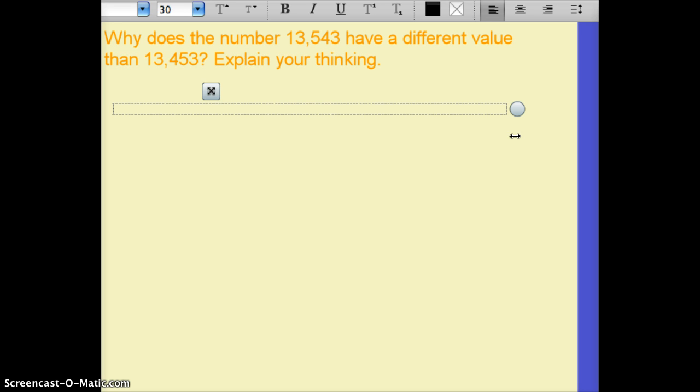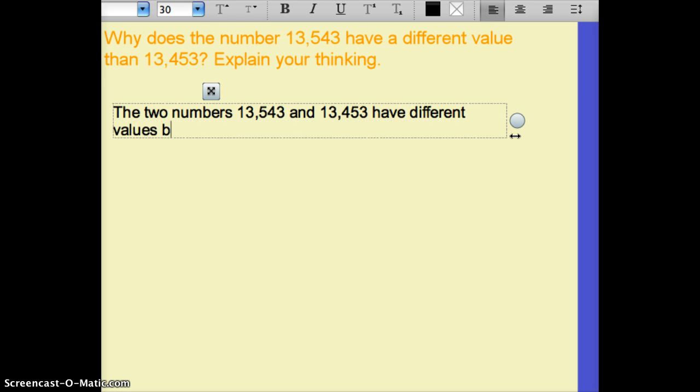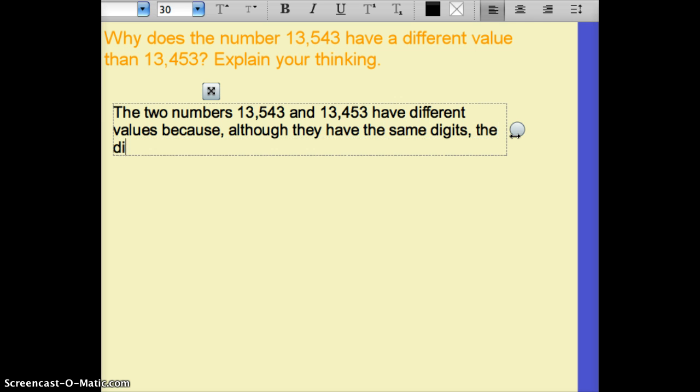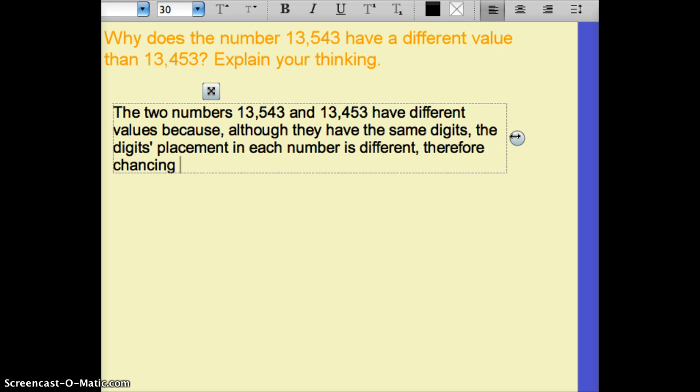They have different values. The two numbers, 13,543 and 13,453, have different values because although they have the same digits, the digits' placement in each number is different, therefore changing the value of the number as a whole.